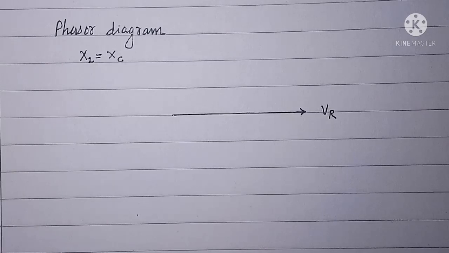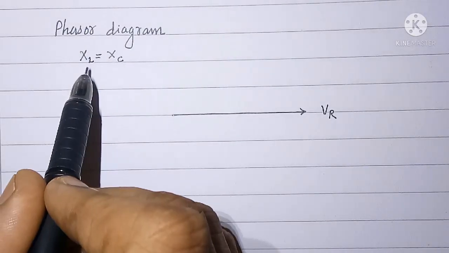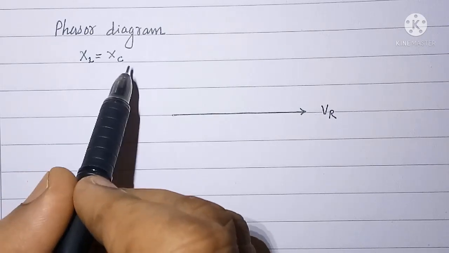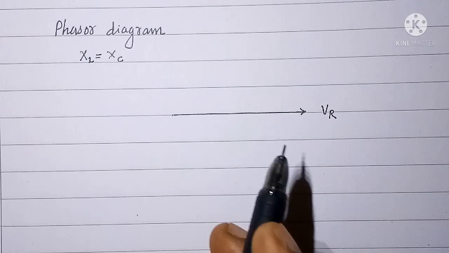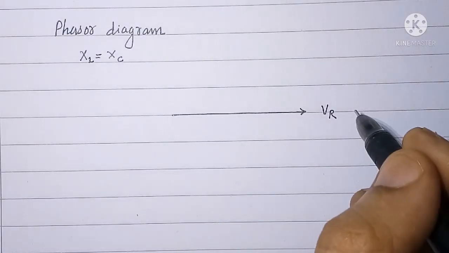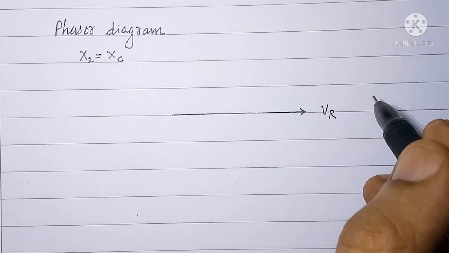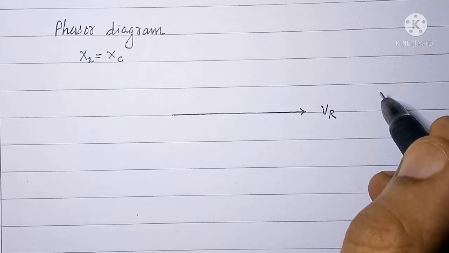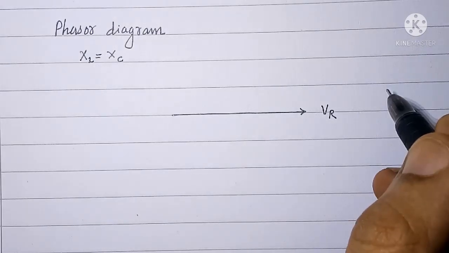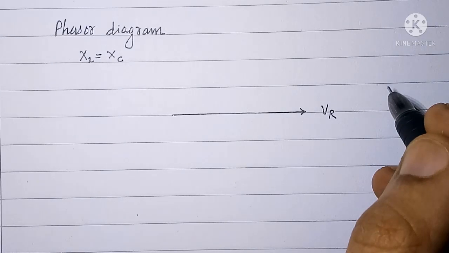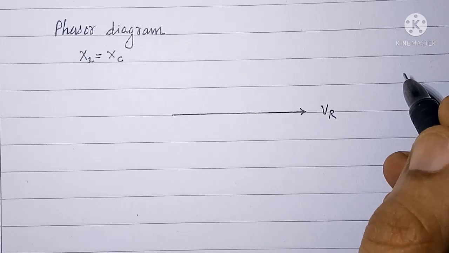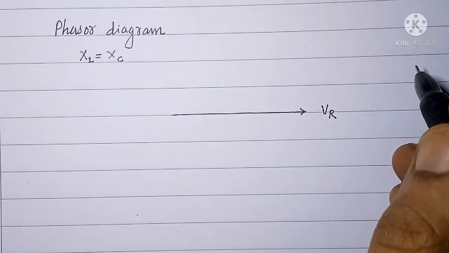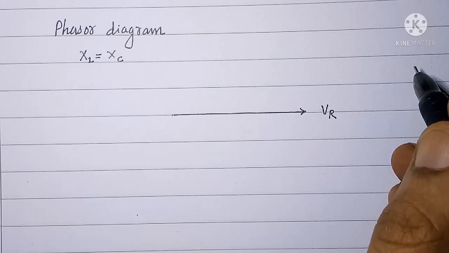Now we will draw the phasor diagram for RLC series circuit with a condition that XL is equal to XC. When XL is equal to XC, the voltage across inductor and the capacitor will be equal, because current flowing through both inductor and capacitor are same, as they are now in series circuit.